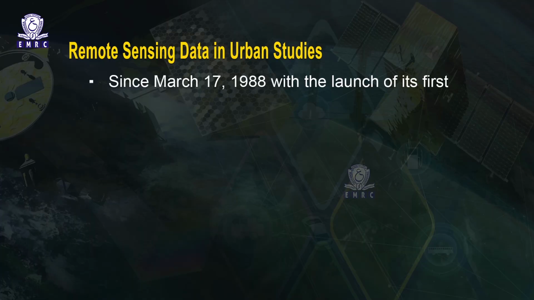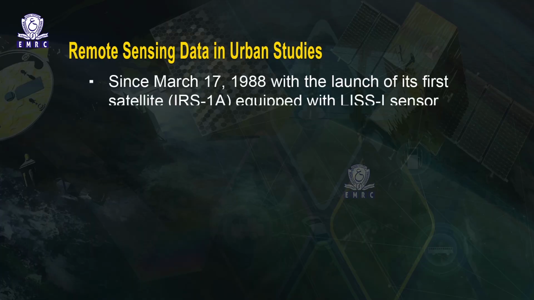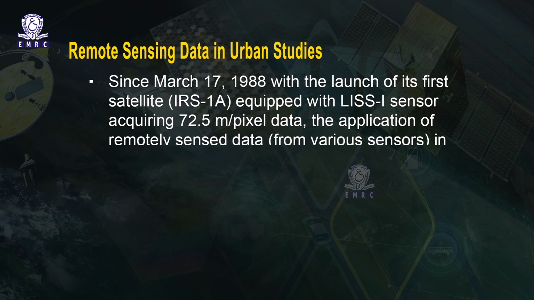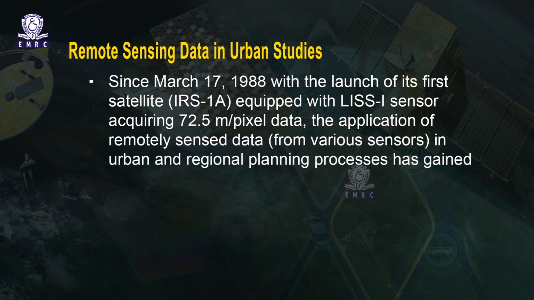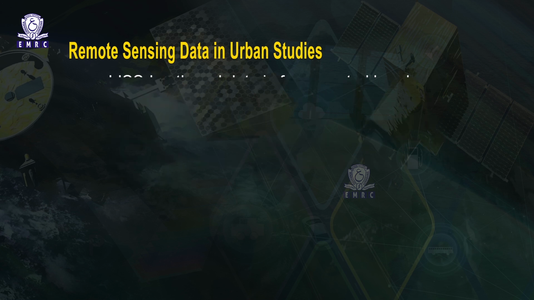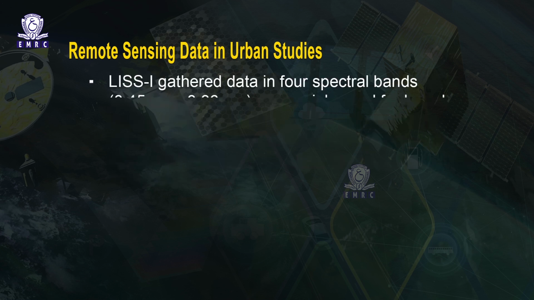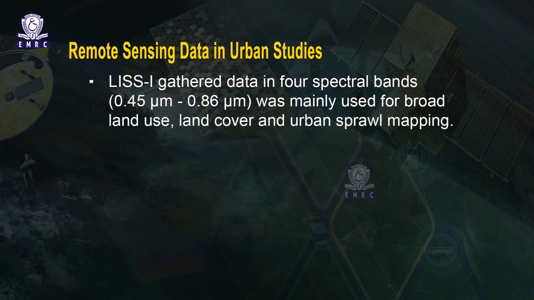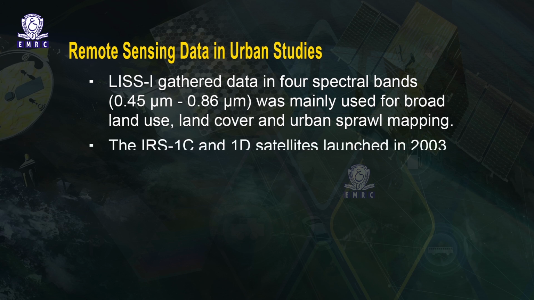But since March 17, 1988, with the launch of the first satellite IRS-1A equipped with LISS-1 sensor acquiring 72.5 meters per pixel data, the application of remotely sensed data from various sensors in urban and regional planning processes has gained momentum. LISS-1 gathered data in 4 spectral bands from 0.45 μm to 0.86 μm, and was mainly used for broad land use, land cover and urban sprawl mapping.